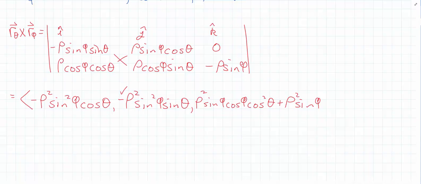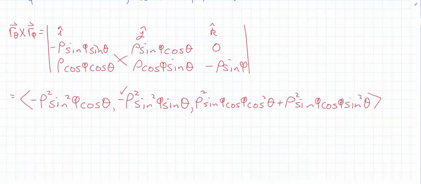Well, I forgot the first term. I forgot one of the parts to this, the cosine phi, and then the sine squared theta. Okay, so this is the cross product.